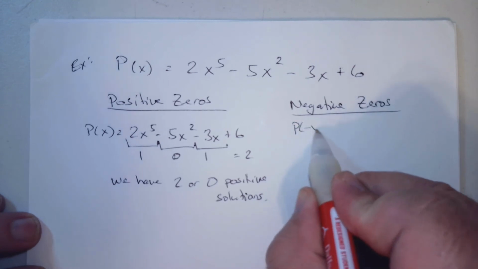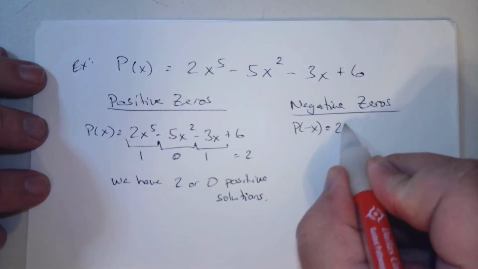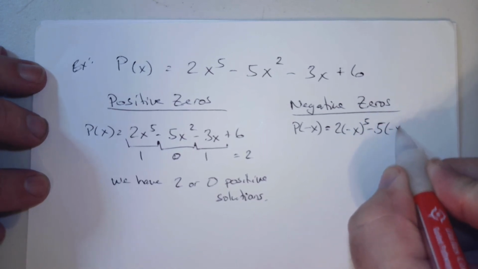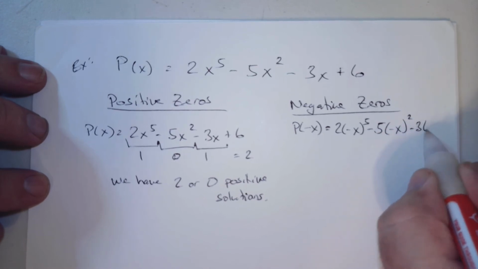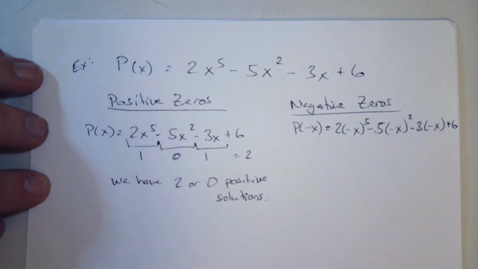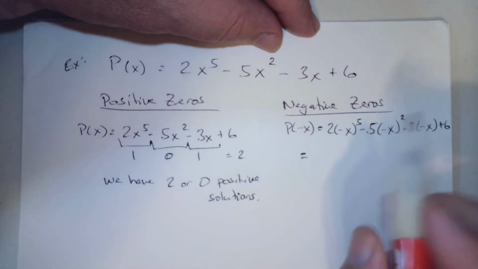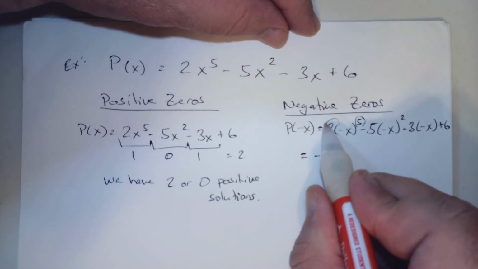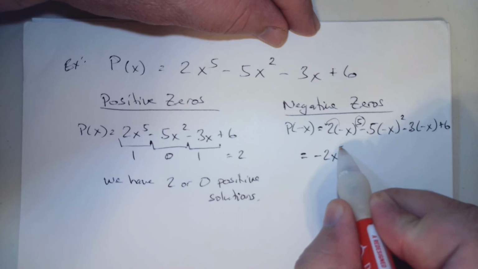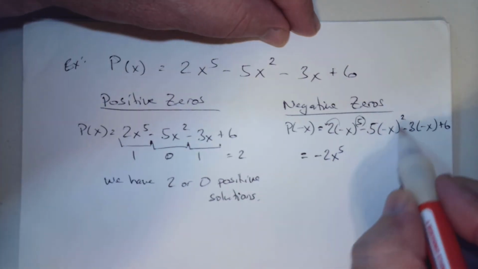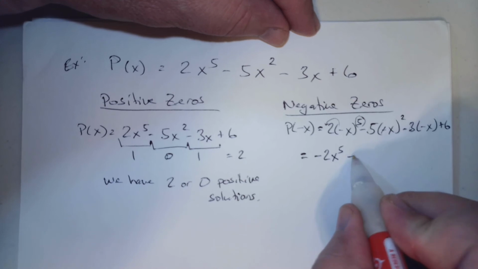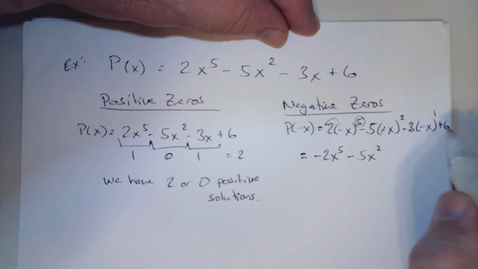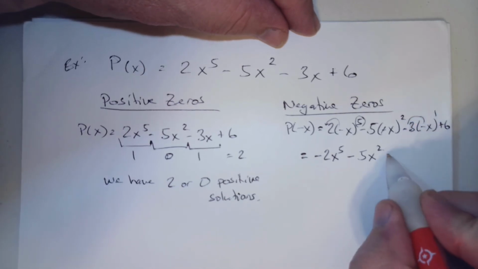Now for the negatives, I put negative x in there. So 2 times negative x to the 5th minus 5 negative x squared minus 3 negative x plus 6. Again, if it's an odd exponent, that changes the sign of the coefficient. If it's even, everything stays the same. So if there's nothing, it's 1. So it's an odd, that means the negative changes that.